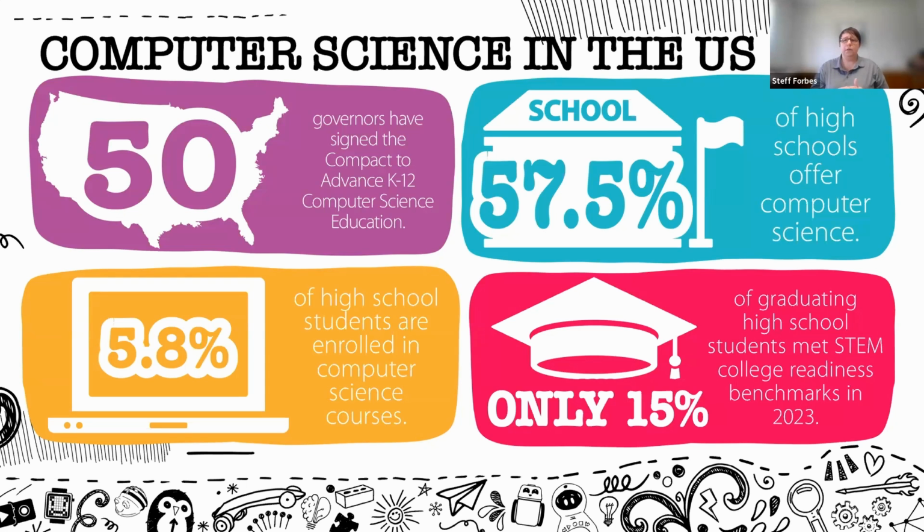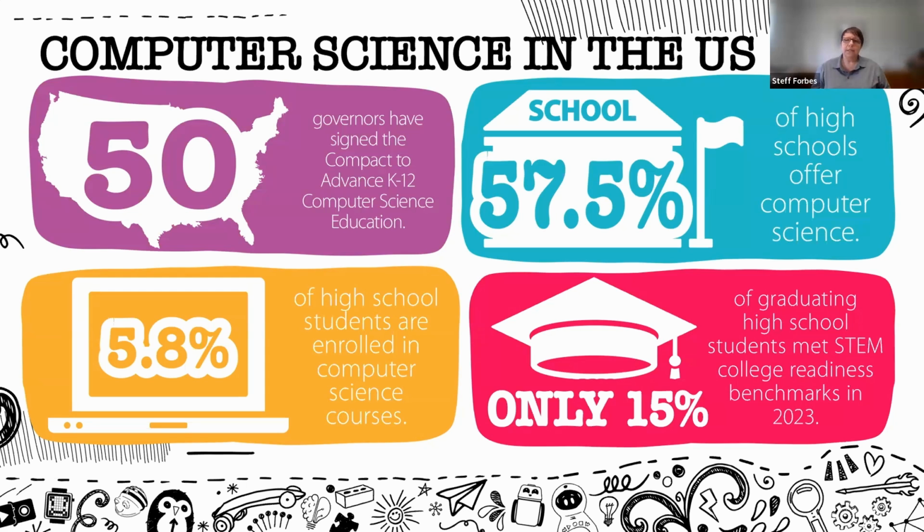We're making strides in increasing access at the high school level, and 57.5% of high schools offer at a minimum a foundation computer science class. We're seeing that statistic grow year over year.